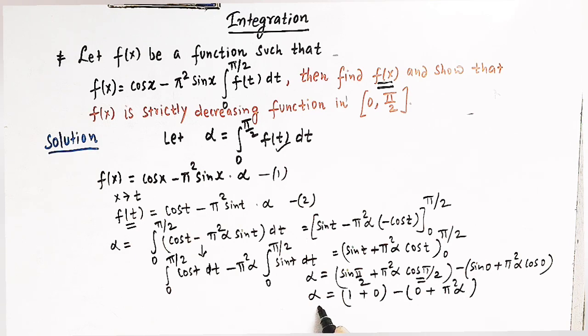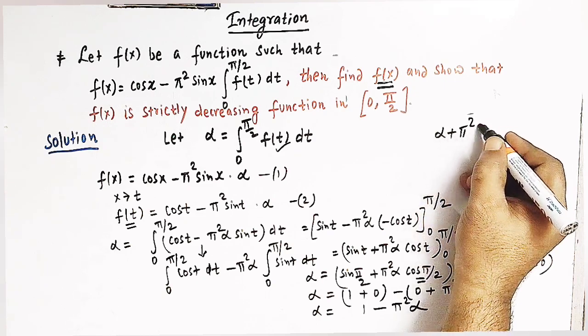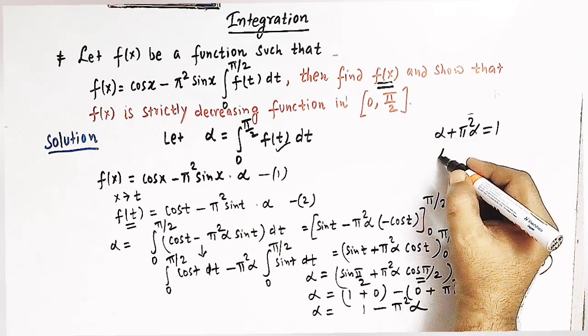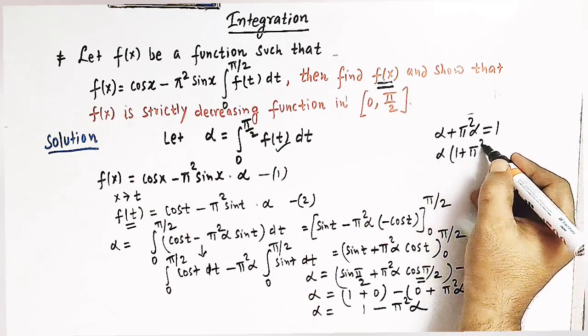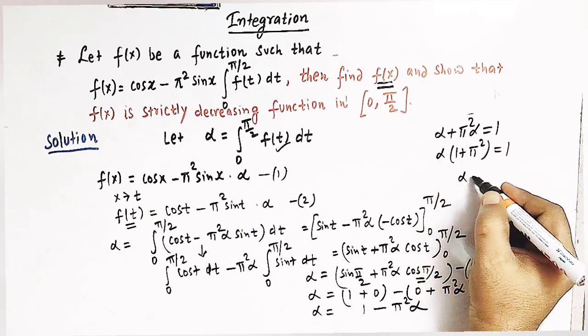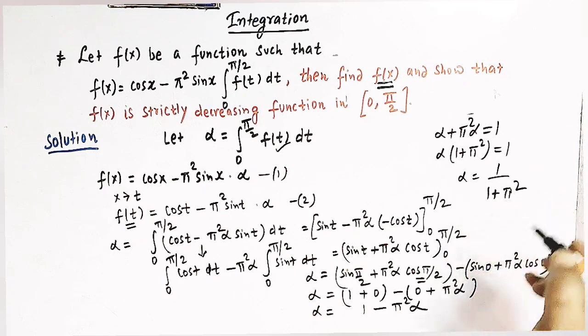So now we have alpha is equal to 1 plus 0, which is 1, and here we have minus pi square alpha. Solving this equation for alpha, we can write alpha plus pi square alpha is equal to 1. Taking alpha common, we have alpha times 1 plus pi square is equal to 1, so alpha is equal to 1 over 1 plus pi square.